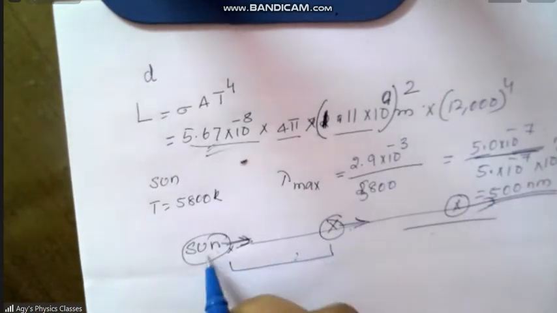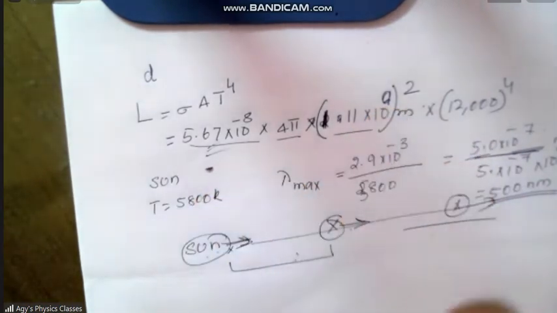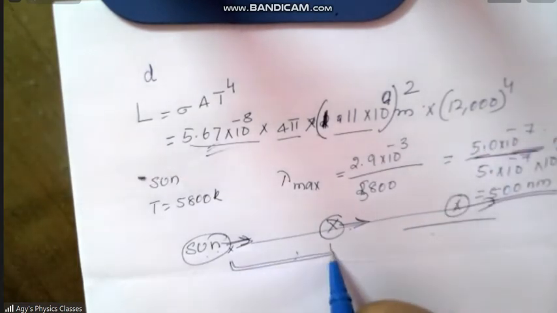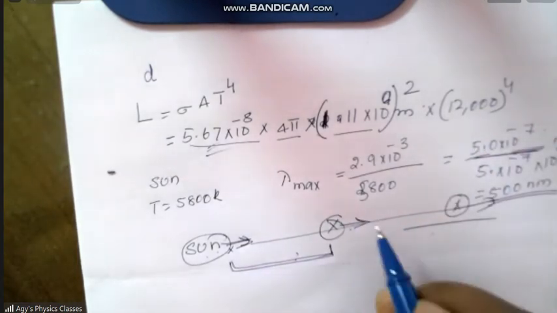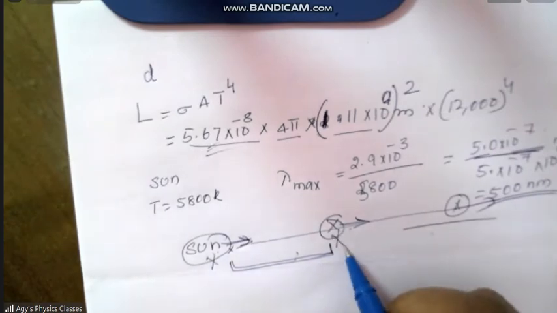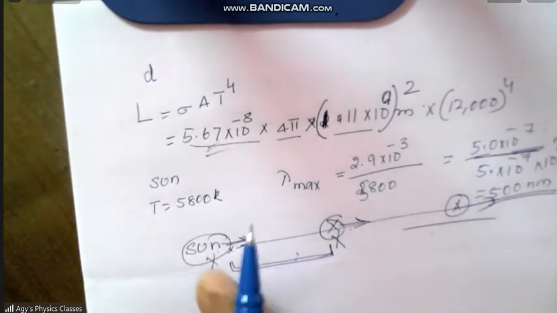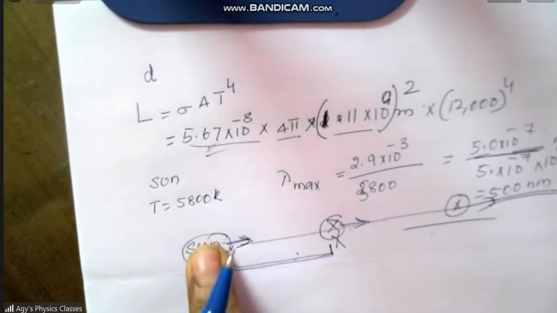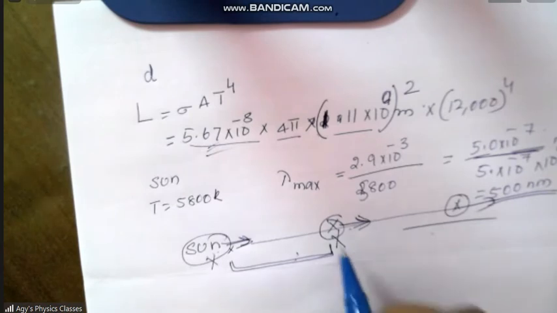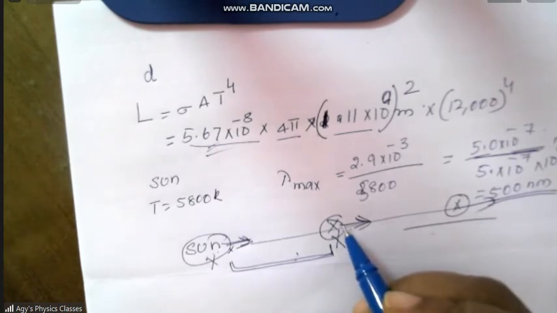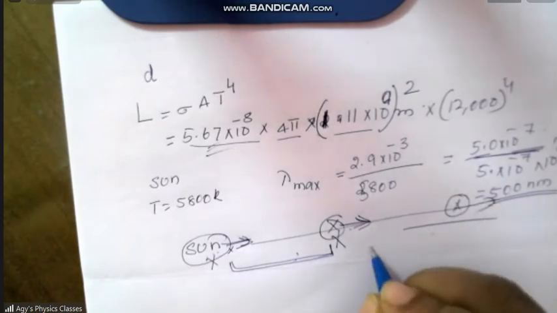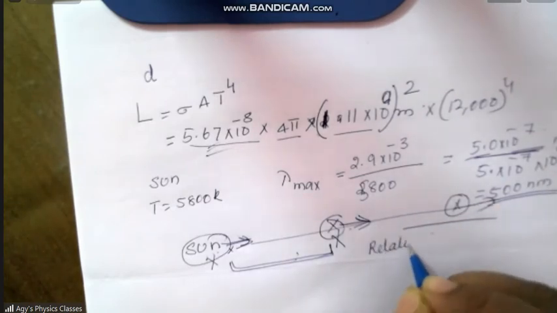If both are either not moving or moving with a constant speed, then this distance will not change, right? So the spectrum from this and from this would be the same. But if this is moving slowly and this is moving very fast, then only you see the Doppler effect. Doppler effect is seen only if there is a relative motion.